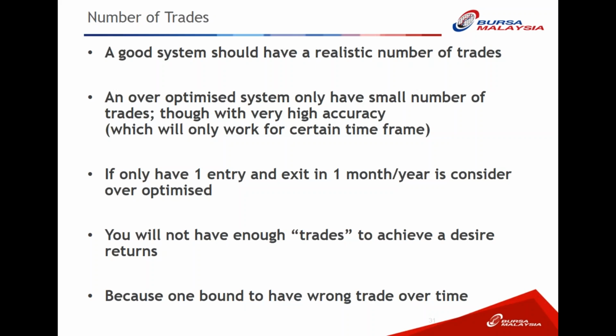If you create a system that you can only test one lot in 1 year, you could actually make money in 5 years' time. But are you sure you can make money in the next 10 years? Because you don't have time to test. So you will not have enough trades to achieve the desired returns in the long run. This is what I mean by number of trades being equally important in terms of your risk management.